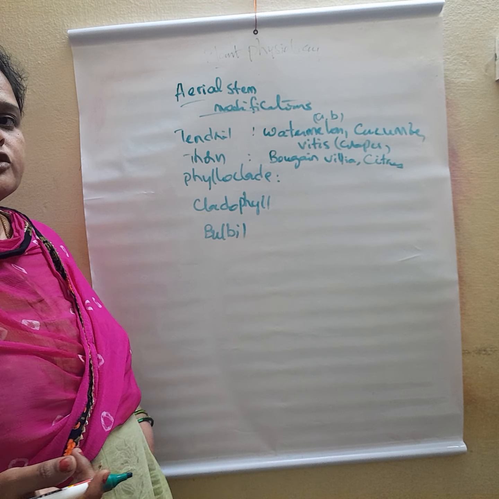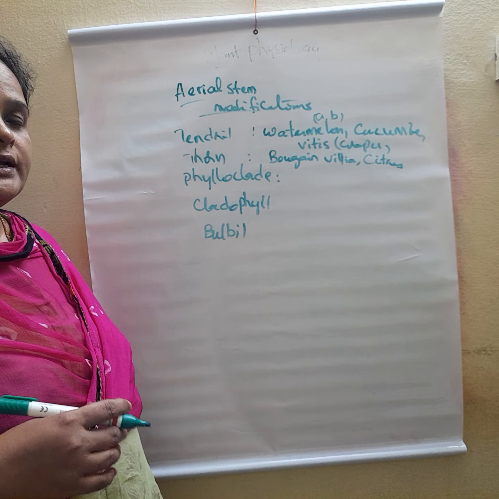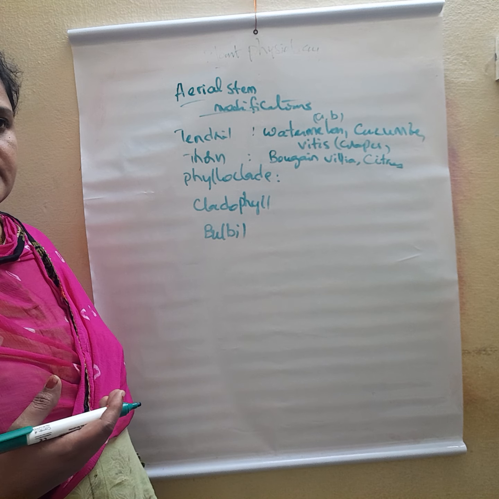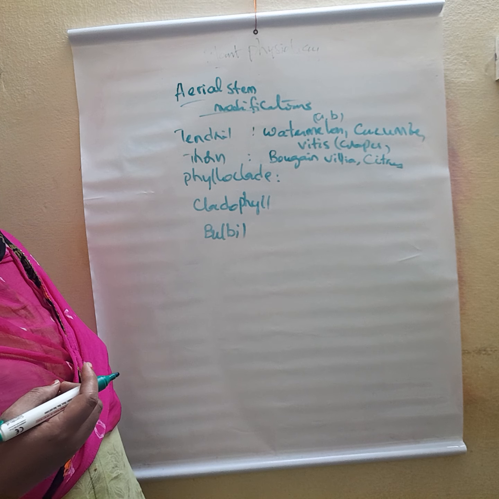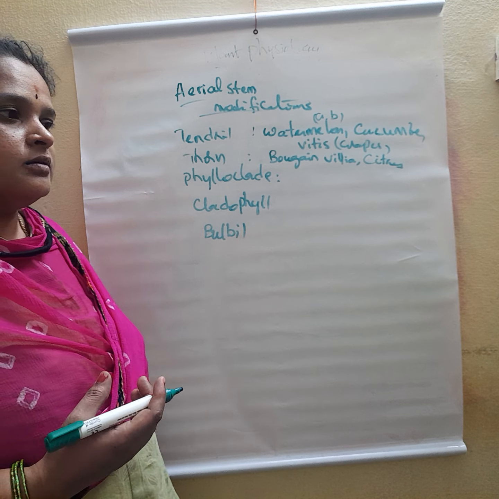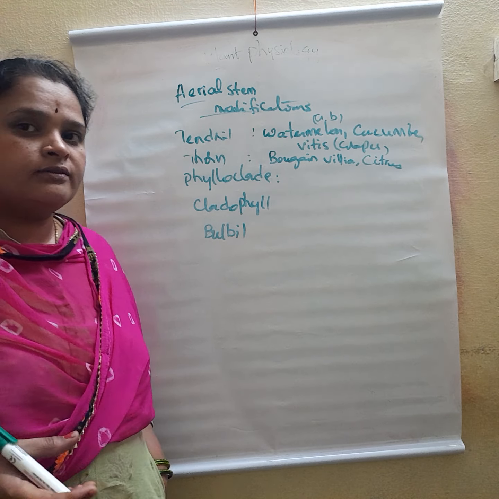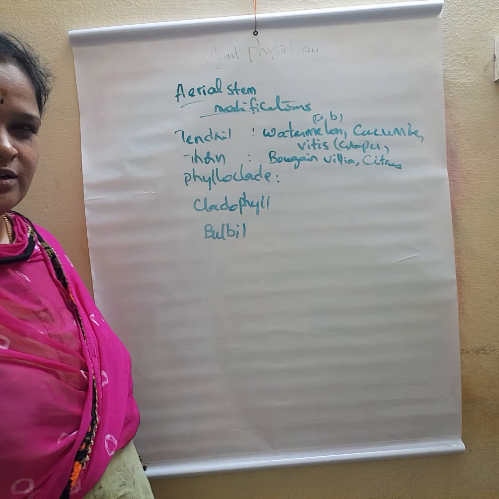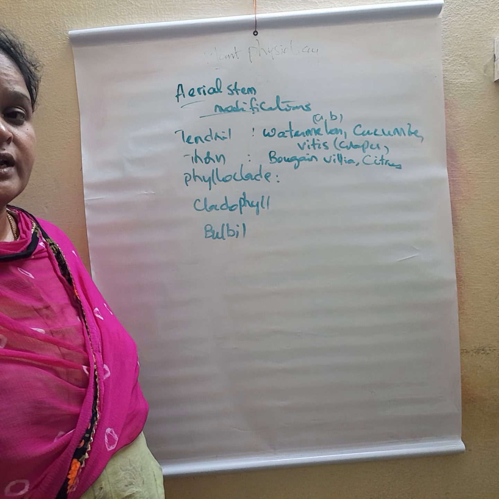Next, phylloclade. Usually the stem does not perform photosynthesis, right? But sometimes, like in desert plants and high-temperature tolerant plants, they should not have leaves, because they are growing in desert-like dry areas, so they have a lack of water.